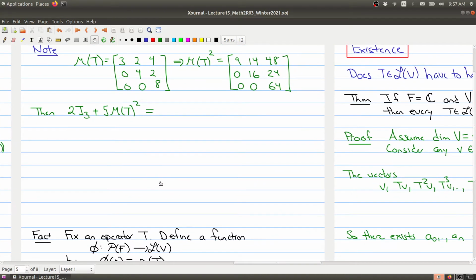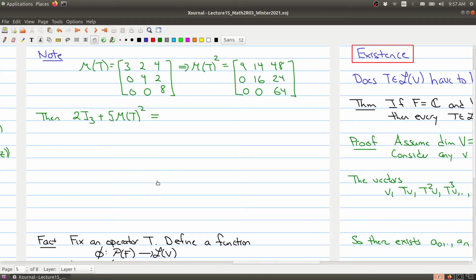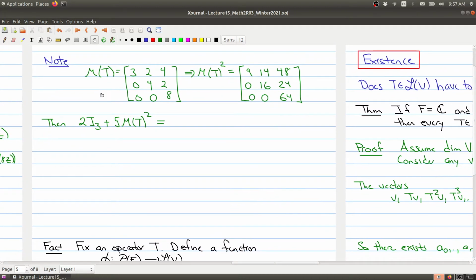They will come up, but I just wanted to show you that you could look at everything at a matrix level, right? Because what is this equal to? I get 2 times the identity matrix plus 5 times the matrix I get from the square, right? So I get 9, 14, 48, 0, 16, 24, 0, 0, 64.